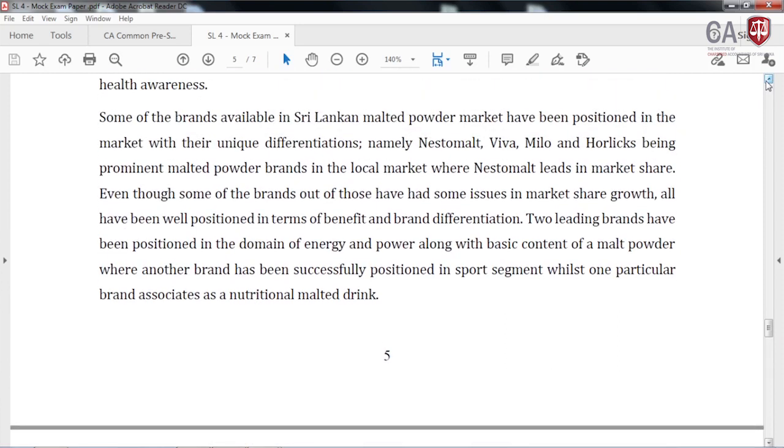Some of the brands available in the Sri Lankan malted powder market have been positioned in the market with their unique differentiation. And now the examiner is going to talk about how the existing brands have been positioned in the market. You know, under positioning you have two options.